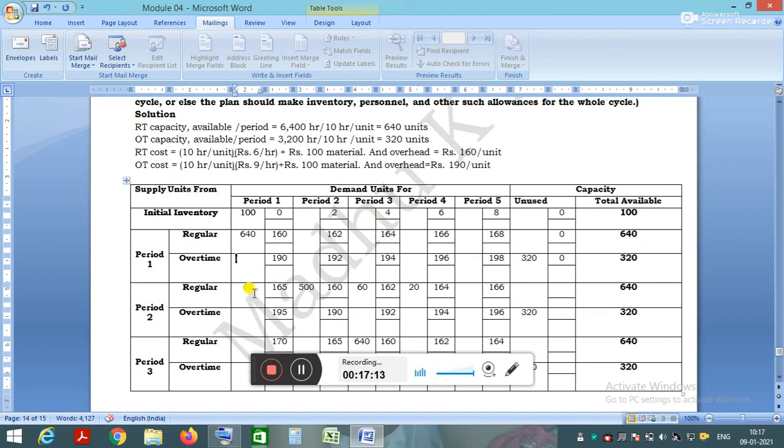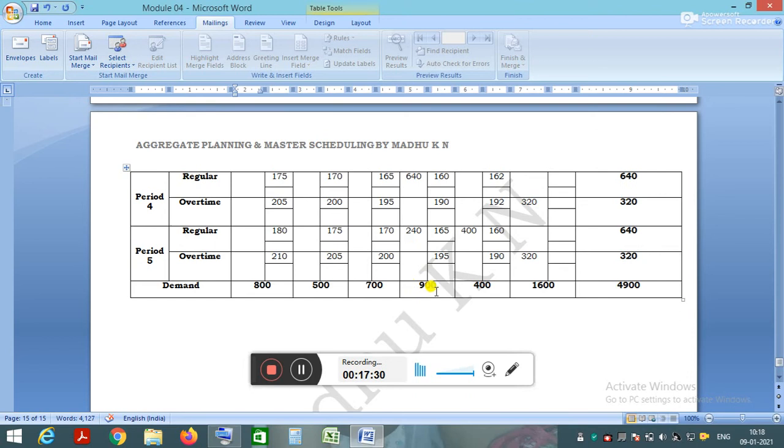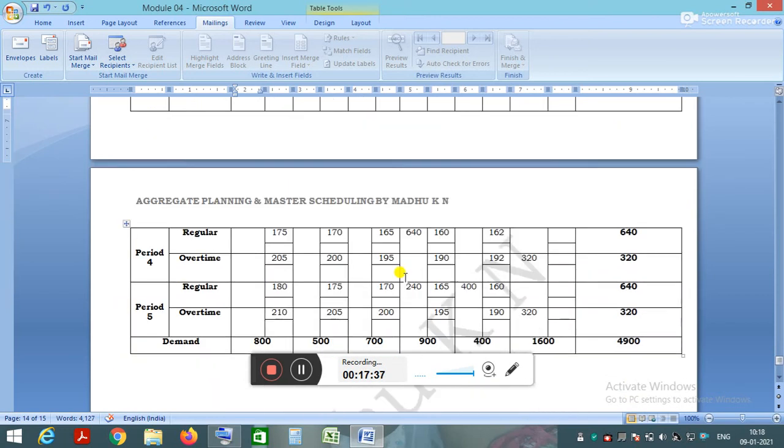In period 2, 500 plus 60, it is around 620. We are still left with 20 products. We can still produce 20 products in period 2. We will see them later. Okay, now we go for period 4, where the required products were 900.